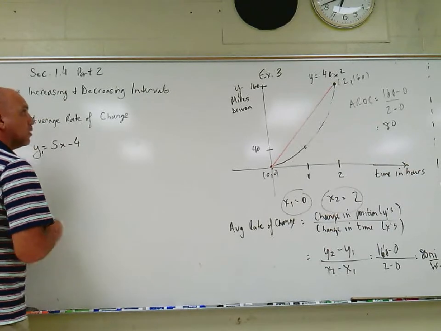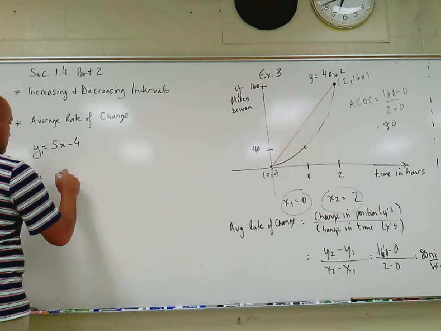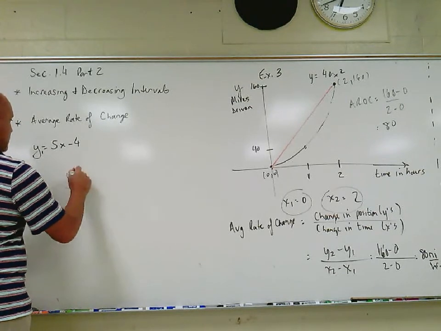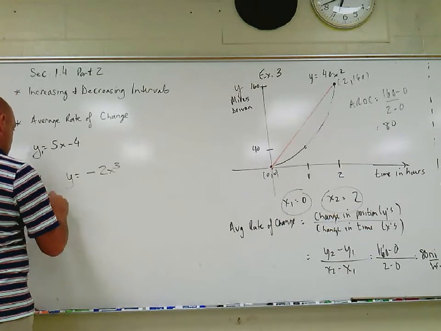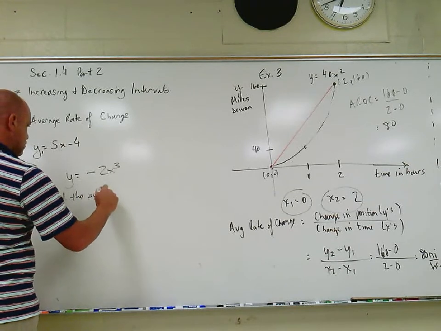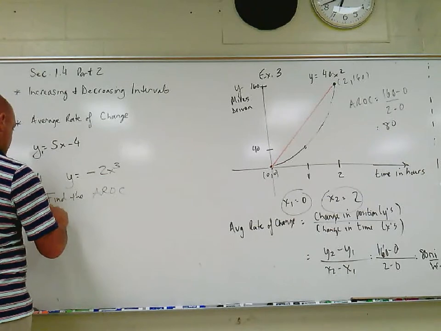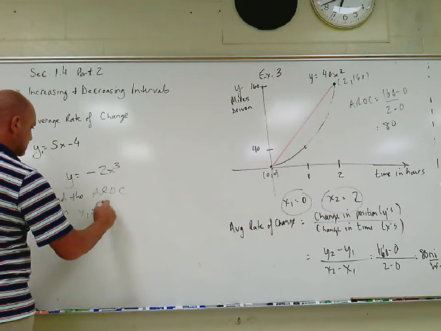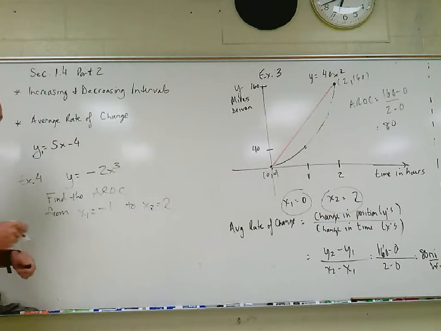All right, we'll call this last one example 4. So let's just say y equals negative 2x cubed, and we're going to find the AROC, average rate of change, from x1 equals negative 1 to x2 equals 2. All right? Don't worry about this being a car problem.